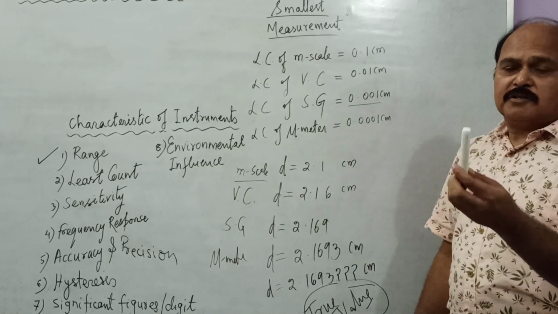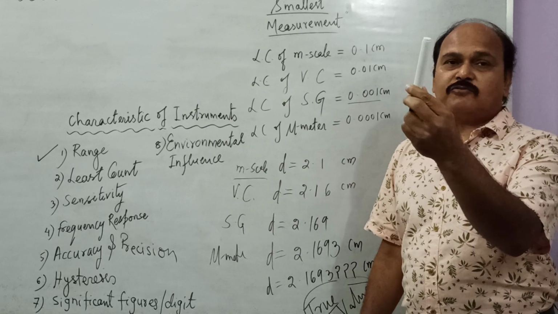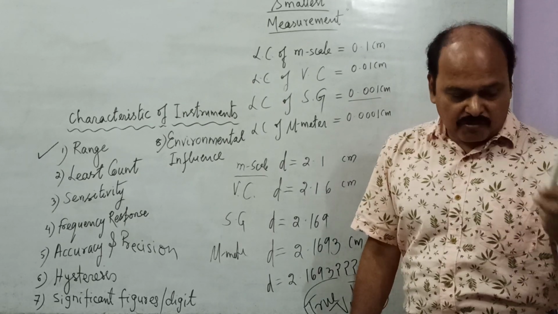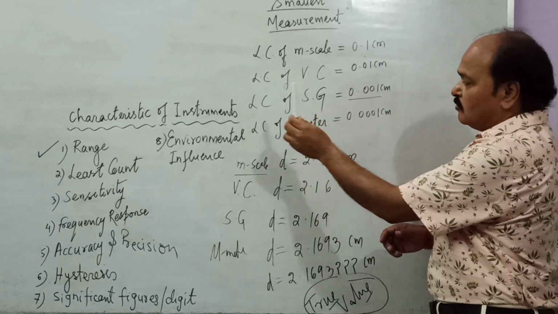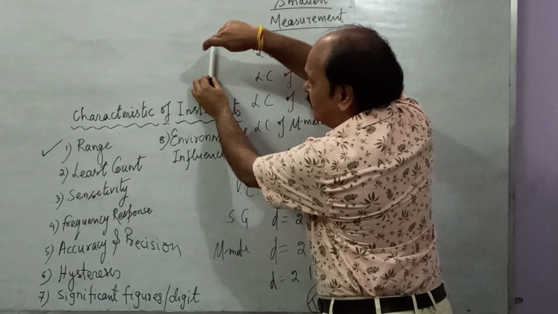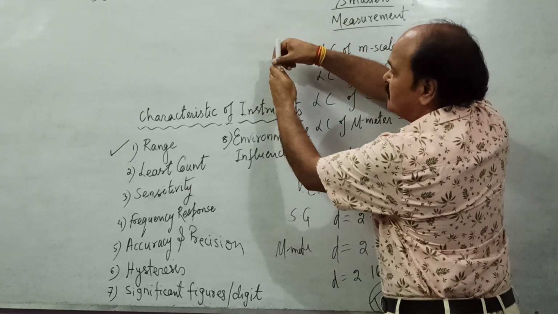Now suppose this is a pen, my marker, and you are asked to find out its thickness. What are you going to do? You are going to place the marker over your copy like this, and you are going to take a pencil and put a mark here and a mark here along its surface.